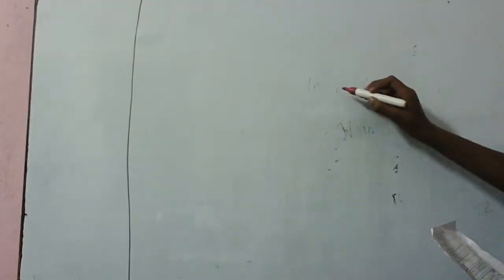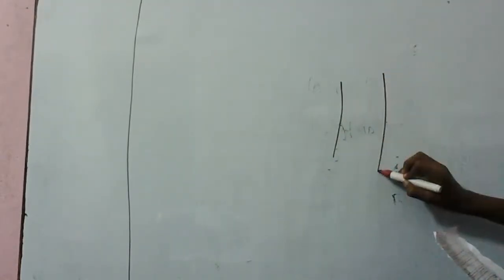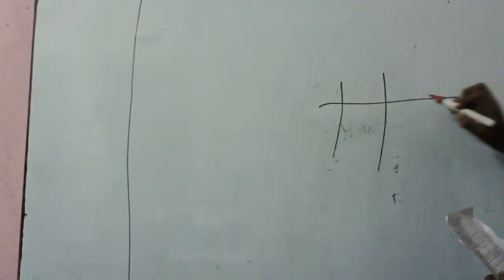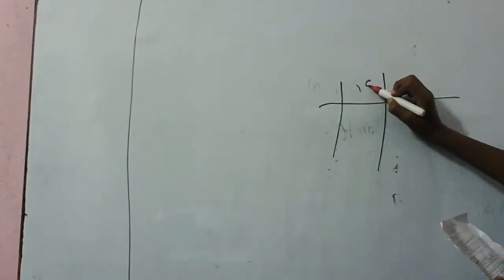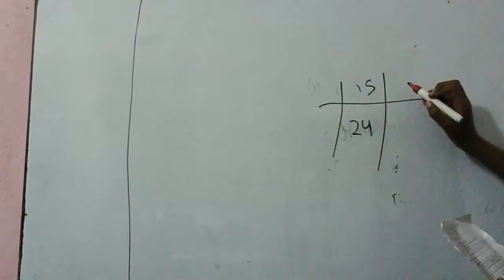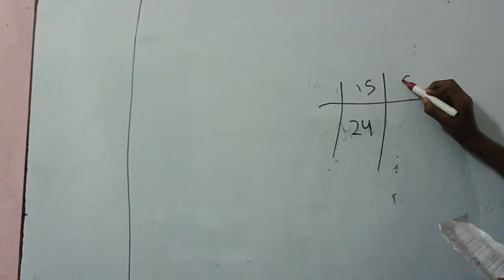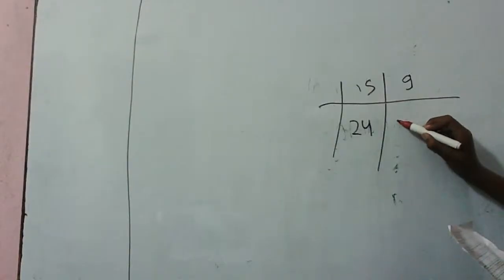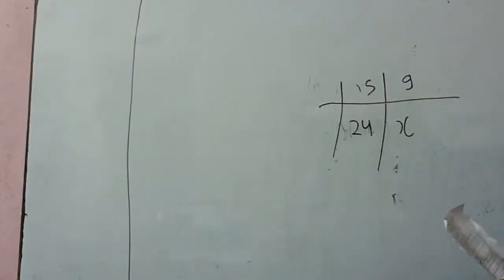Our question is that if 15 men can repair the road in 24 days, then how long will it take 9 men to repair the same road? This implies number of men equals 15 and time equals 24. And here number of men is 9 and time is x.